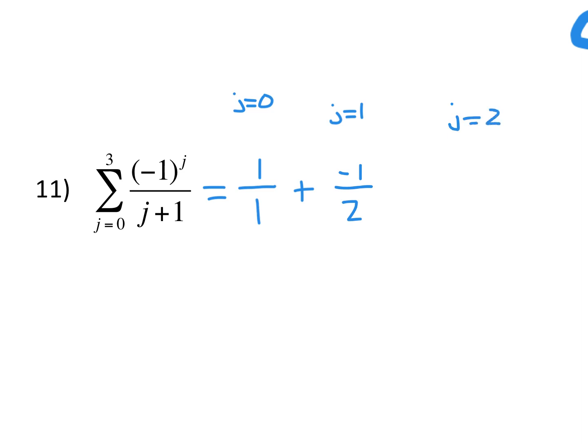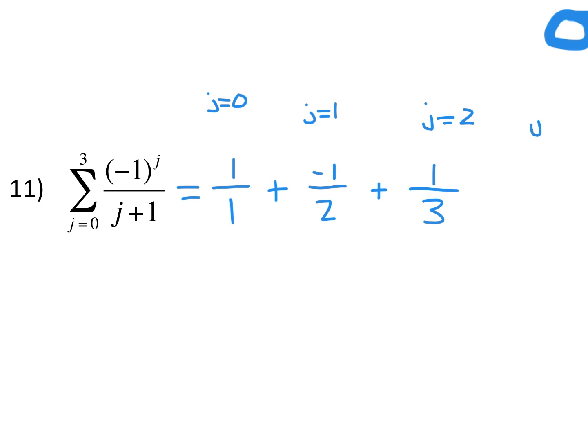This is what we got when we plugged in 1. Now let's figure out what we get when we plug in 2. So -1 squared is +1. And then the denominator would be 2 plus 1, or 3. All right, and then finally, what do we get if j equals 3? So it'll be -1 to the third is -1.